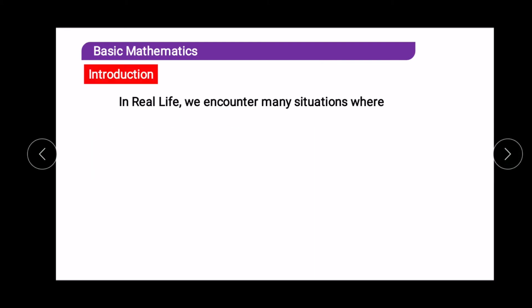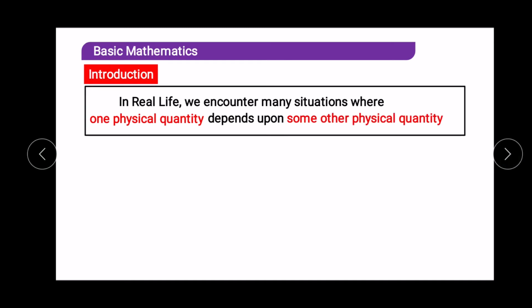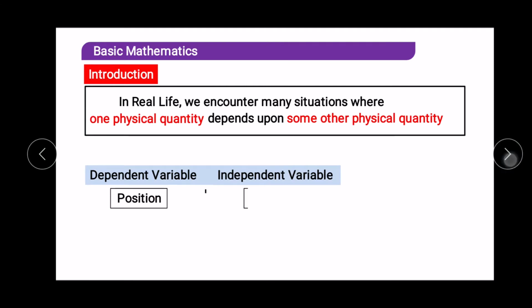In real life we encounter many situations where one physical quantity depends upon some other physical quantity. We can give you the example of dependent variable and independent variable. Time can be an independent variable. If you have a moving object, its position changes with respect to time. So position will become the dependent variable and time will be the independent variable.